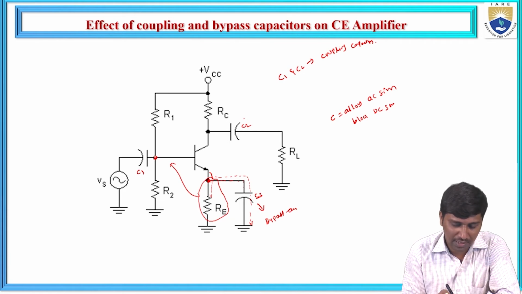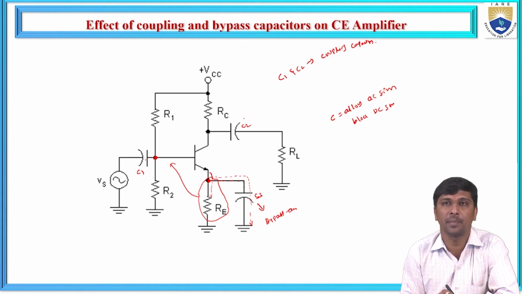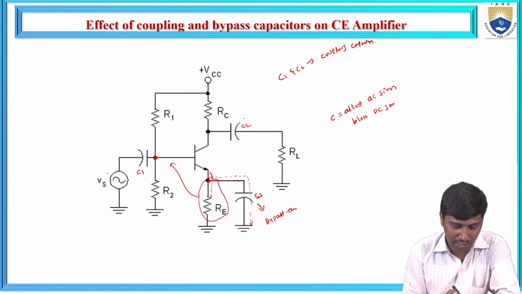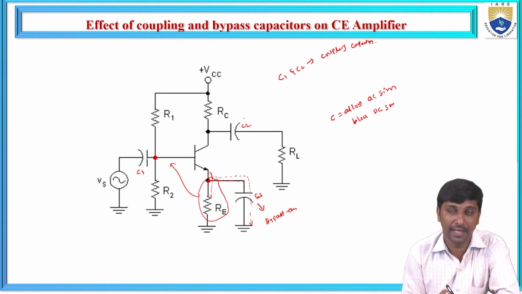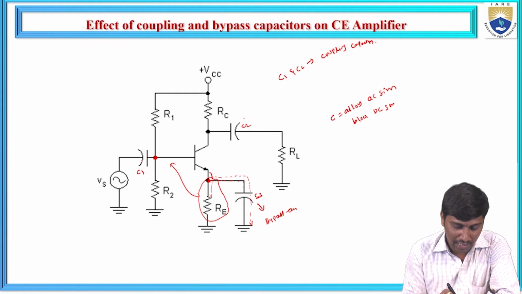There are some DC source conditions to maintain a proper Q point. The signal passing through this node should be superimposed on the DC source, so we connect this to the base of the transistor.